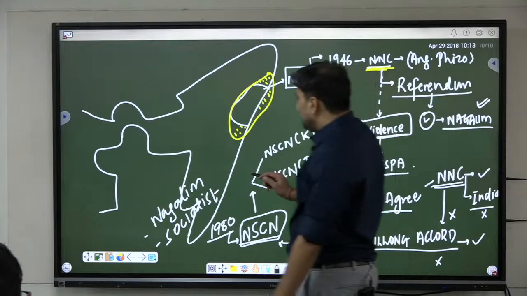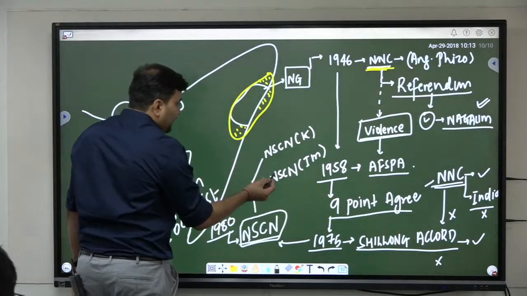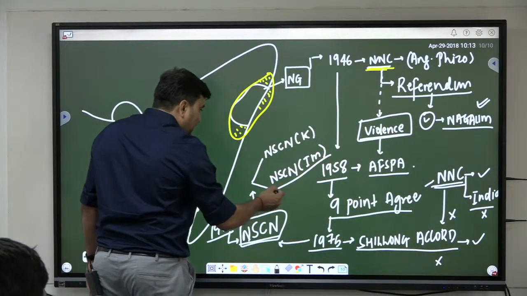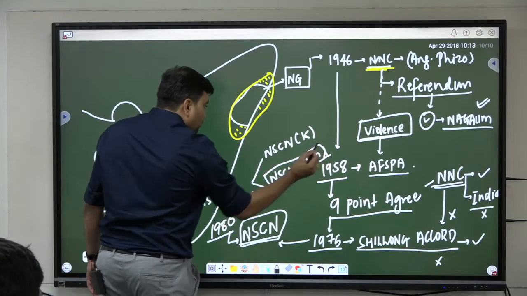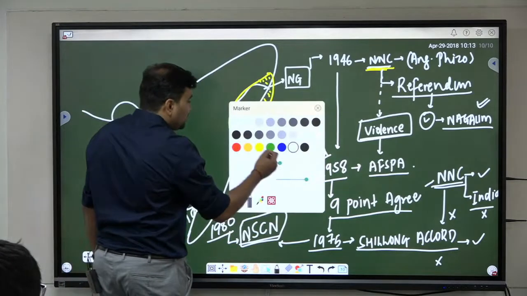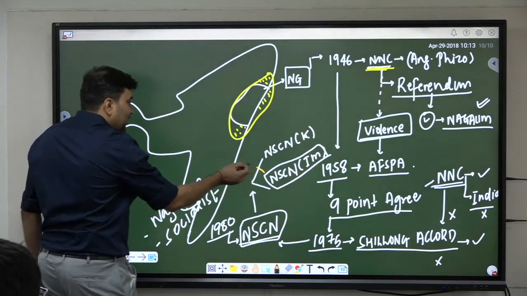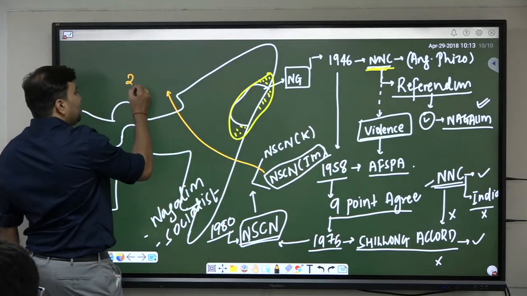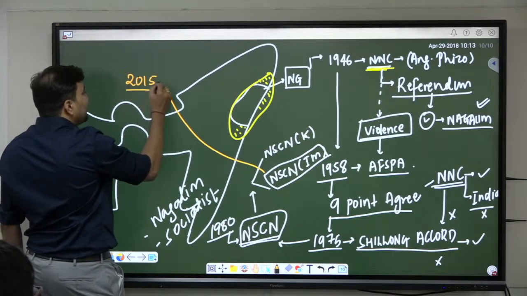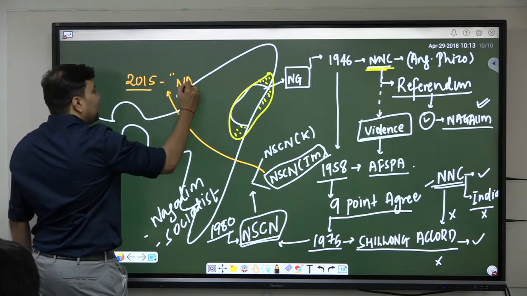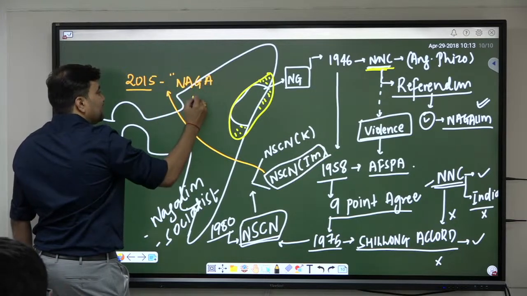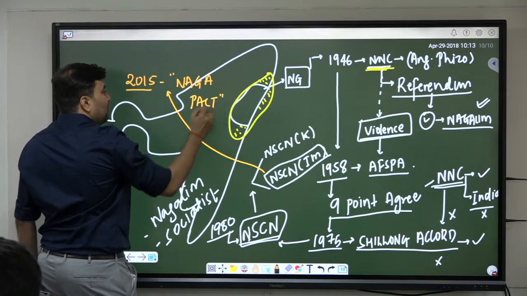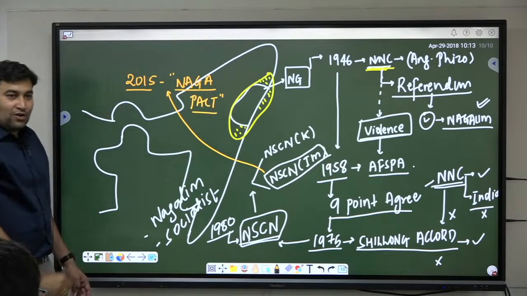Recently, the Government of India with this NSCN-IM, National Socialist Council of Nagaland, in the year 2015 signed something called the Naga Pact or Naga Accord. Got the idea?